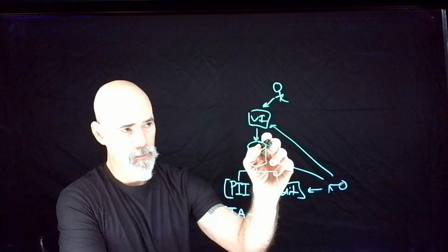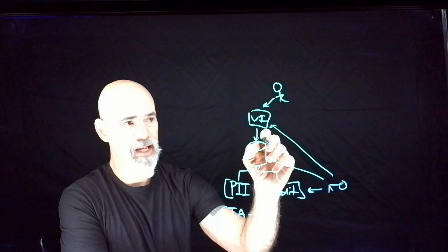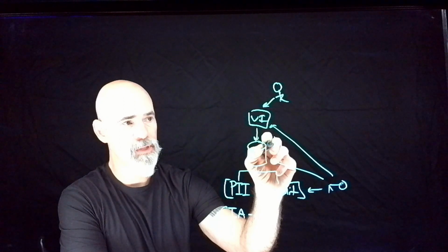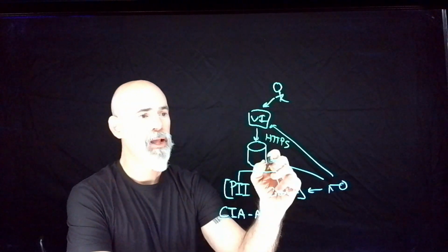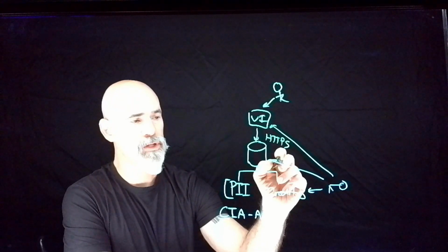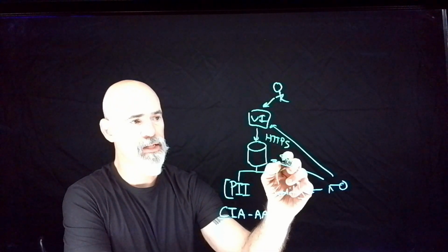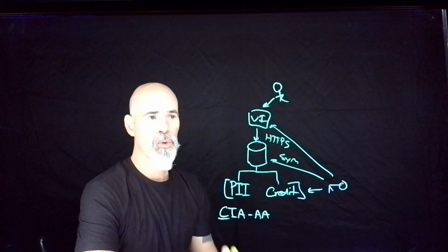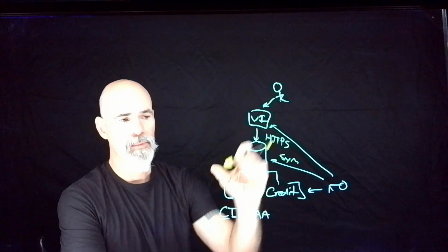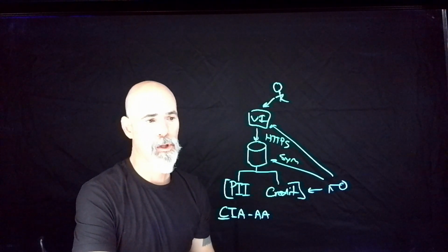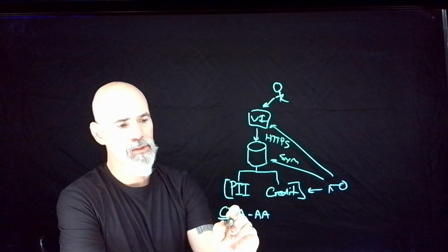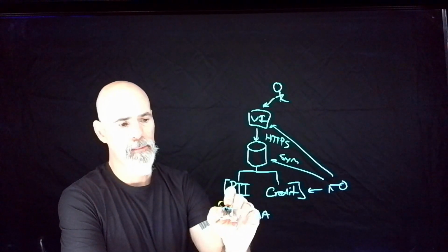So what we would do in this case is include something like HTTPS at the transport level. And then here in the database, we'll say we're going to use symmetric key encryption. And both of these will encrypt the data, whether it's at rest in the database or whether it's in motion across the wire.